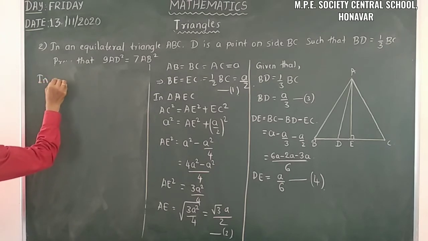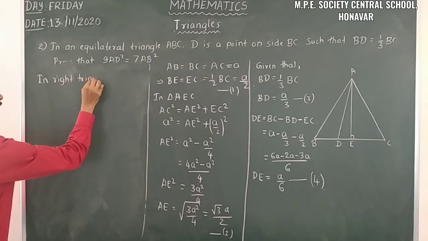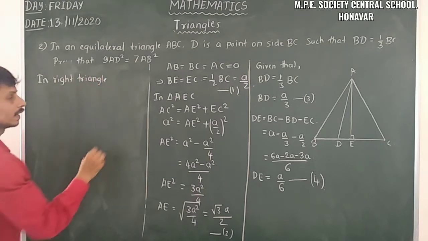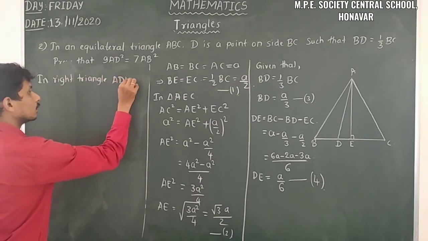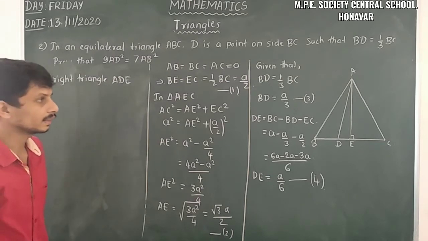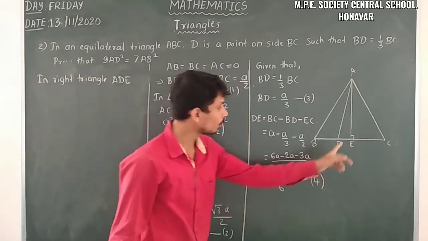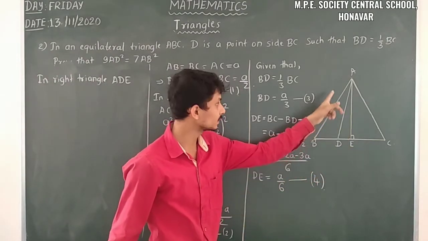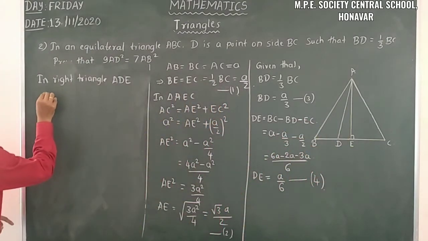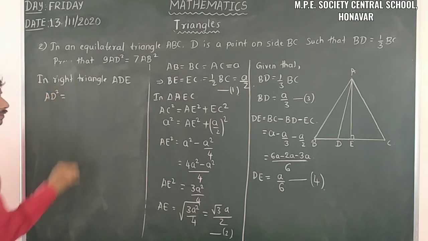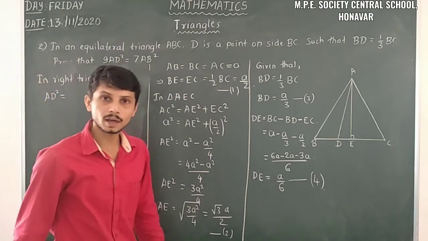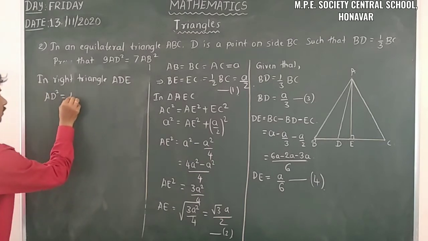In right triangle ADE, the side opposite the right angle is AD. AD square is equal to AE square plus DE square.